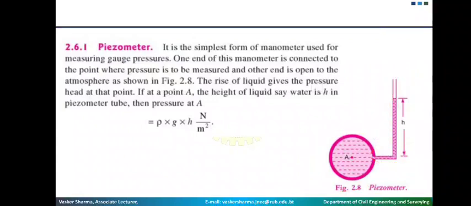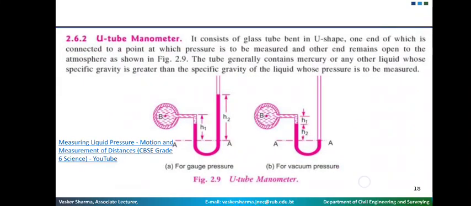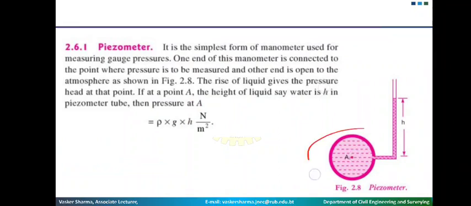Based on how much water rises up into this tube, you can calculate the pressure inside this pipe, at this point A. Based on this formula, that is your piezometer.